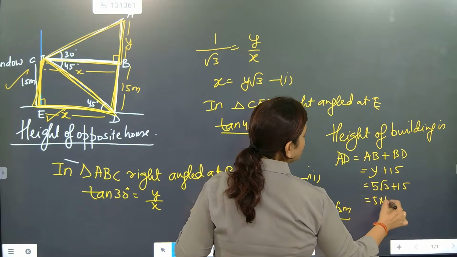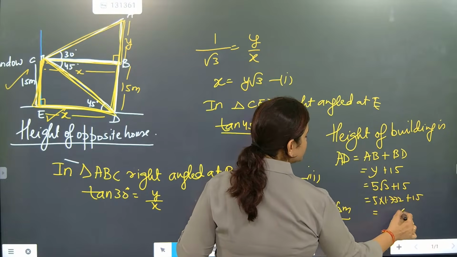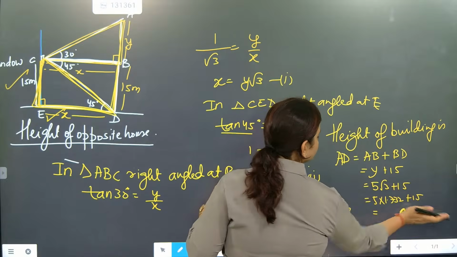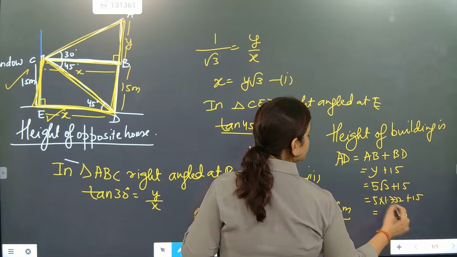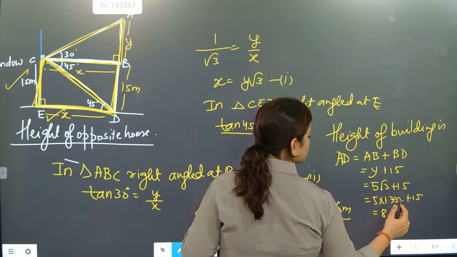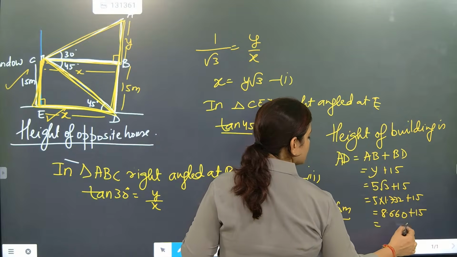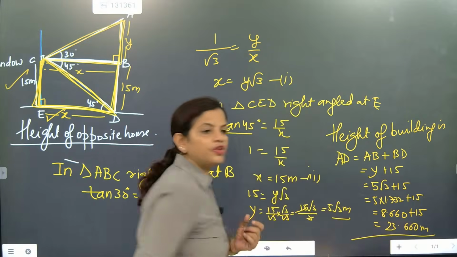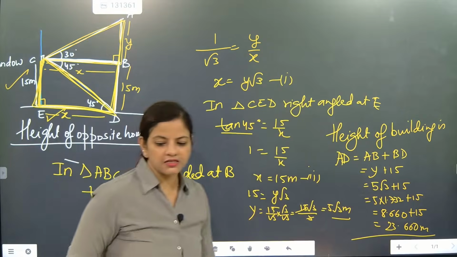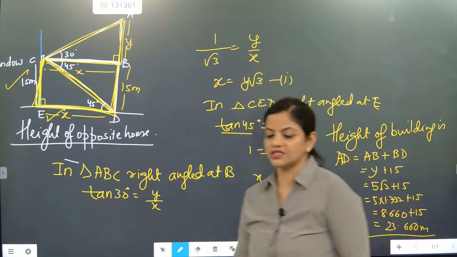That is 5 into 1.732 plus 15, which gives 23.66 meter. The correct answer is exactly 23.66 meter.